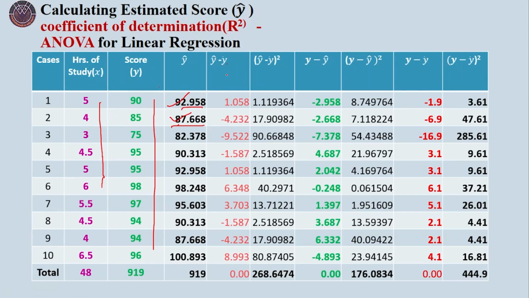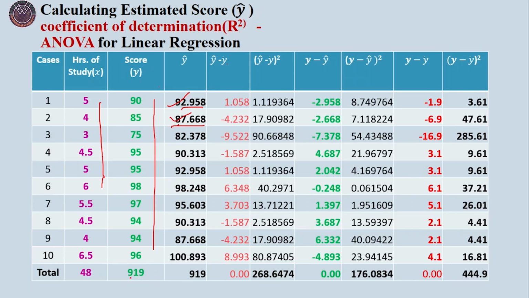So after getting this value, we can see y cap minus y mean. That means we can get the regression values. That is, each y cap will be subtracted from the mean of y. The mean of y is 91.9.